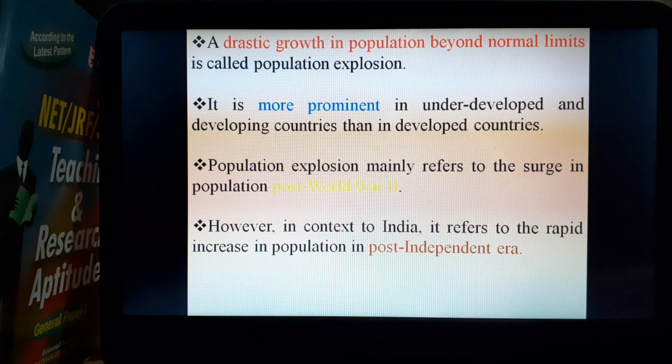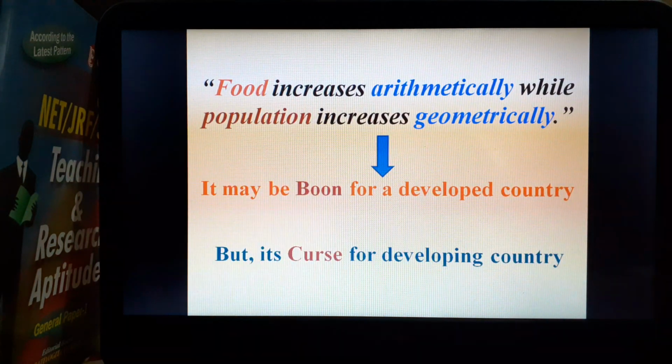The population explosion mainly refers to the surge of population post World War II, and in context to India it refers to the rapid increase in population in the post-independence era. The whole crux of this population policy is that food increases arithmetically while population increases geometrically.